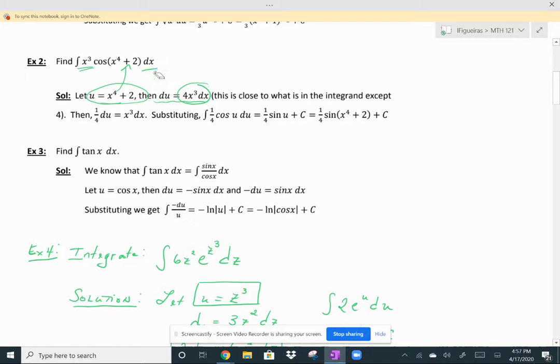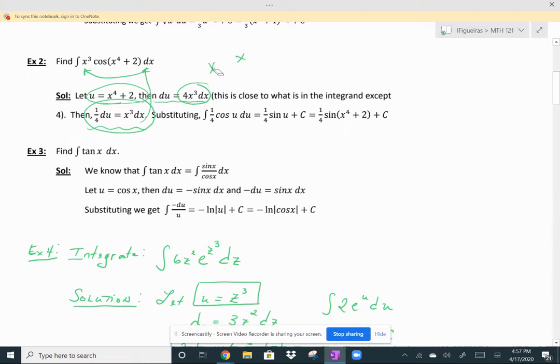And what that will do is it will make this into just x cubed dx, which is exactly what you have in the original problem. So when you multiply both sides by a 4th, you get 1/4 du equals x cubed dx. And so 1/4 du replaces the x cubed dx in the original problem.